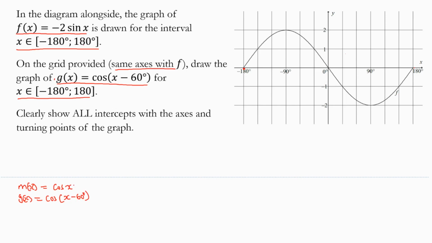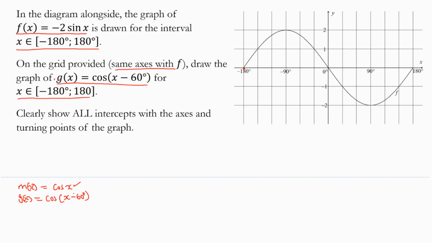So this is our parent graph. We know the key features of this graph. We must know where this graph is at its maximum point, where it is at its minimum point, and where its intercepts are. We must know the period of the graph and the amplitude of the graph.